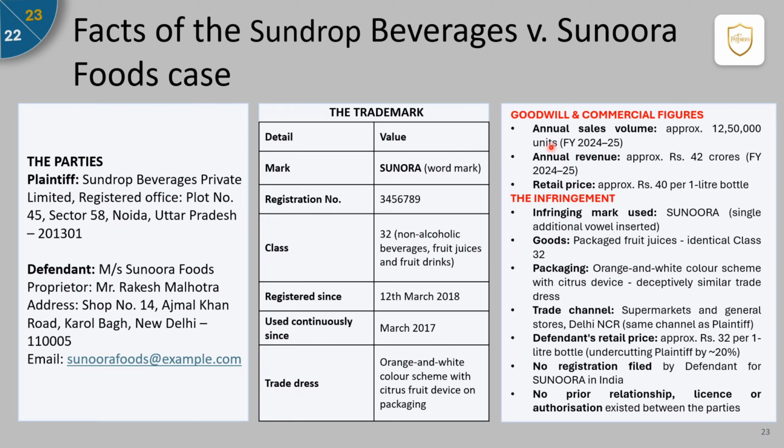Additional information we are taking in this example is that we would be disclosing the revenue and the sale volume along with the infringement details, like what was the infringer's mark, the impugned mark.